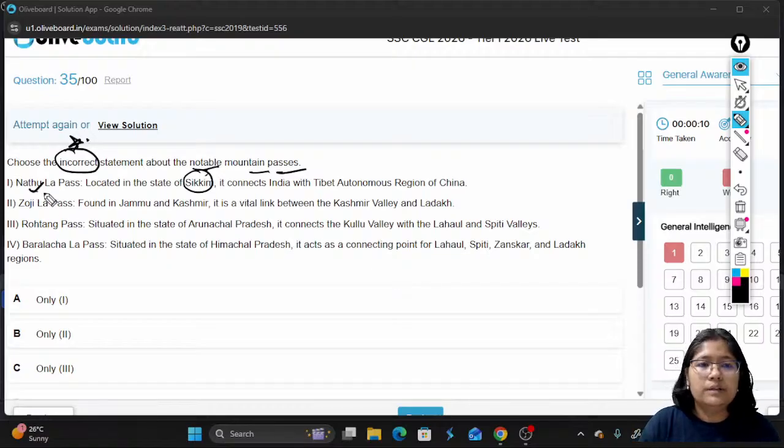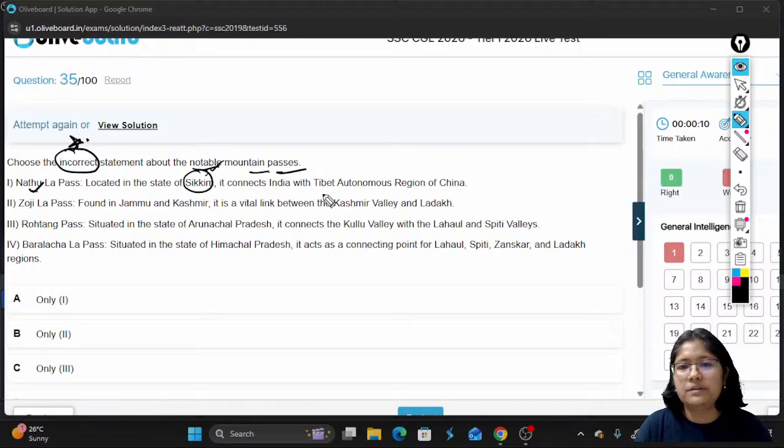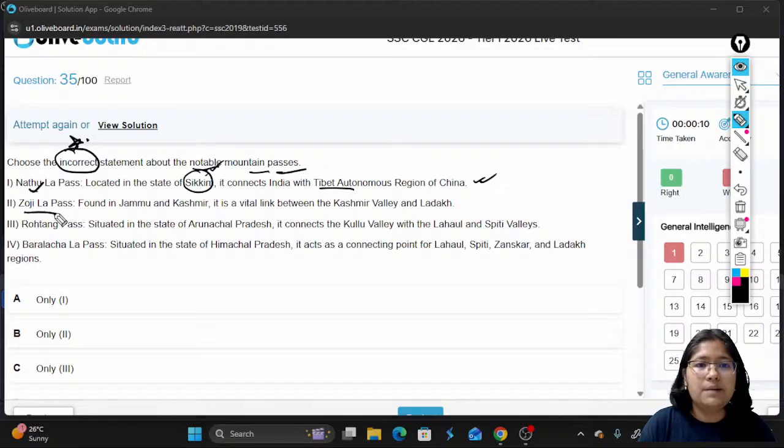So Nathula Pass is located in Sikkim. It connects India with the Tibet Autonomous Region of China. Then coming to the Jozila Pass, it is found in Jammu and Kashmir. That is also correct, and it is a vital link between Kashmir Valley and Ladakh.